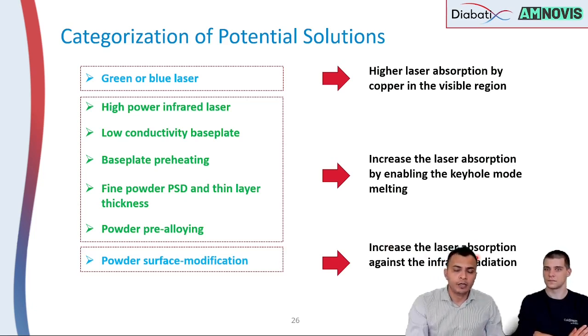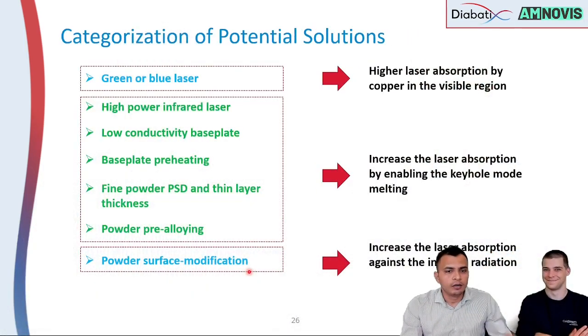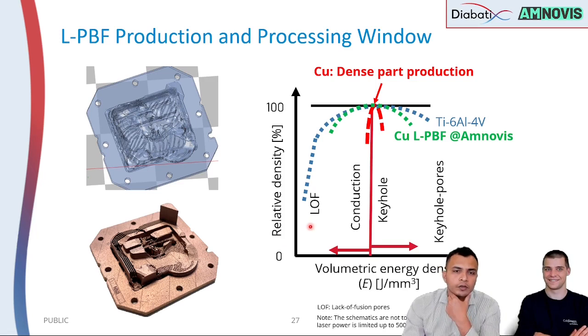the laser itself. So what we do to tackle the copper 3D printing issue is we are using the latter two approaches, so the second and the third categories that we mention here. And by using these two approaches, as you can see in the schematic here, we are able to broaden the processing window from this size to that side.